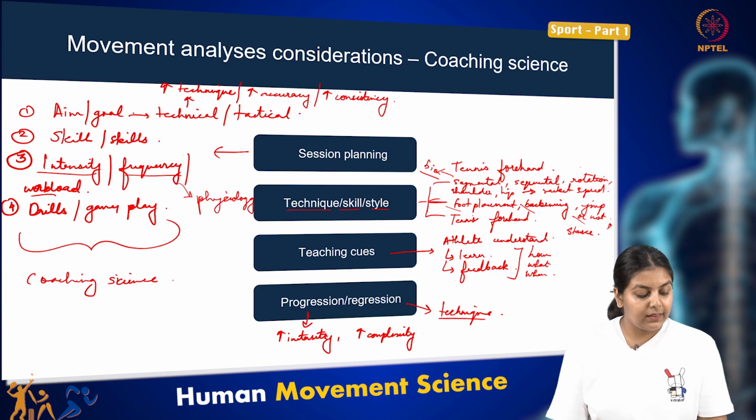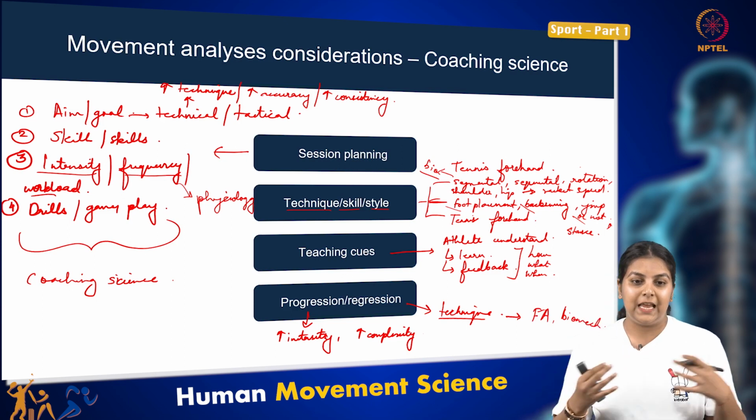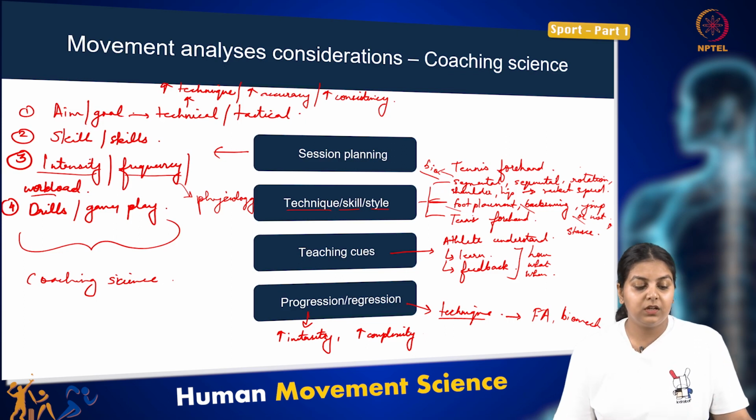And when it comes to progression and regression, you're also taking into account your functional anatomy. You're also looking at biomechanics, pretty much everything. So a combination of everything is helping you decide whether you need to progress or regress. So these are some of the considerations from the coaching science perspective.